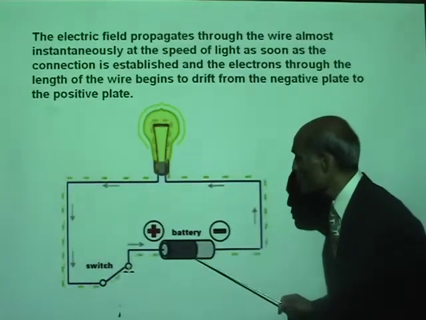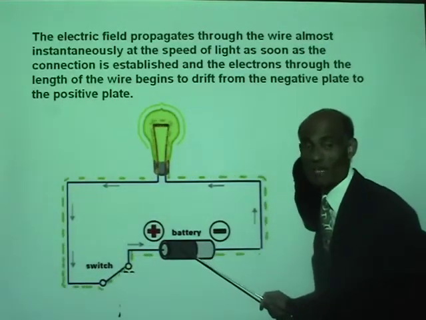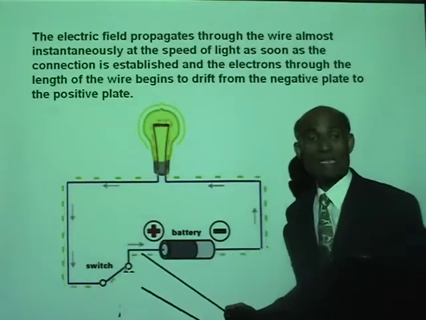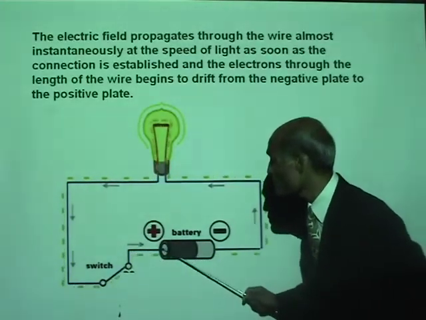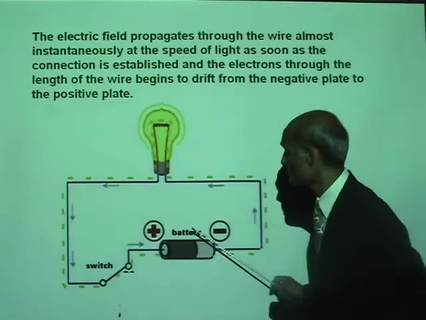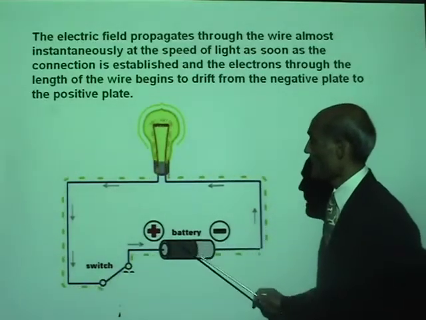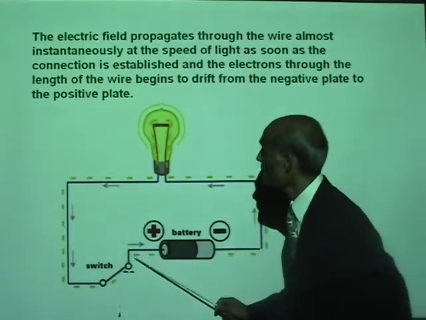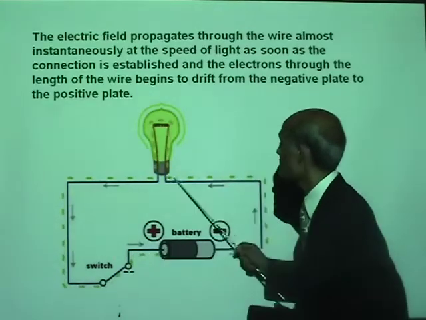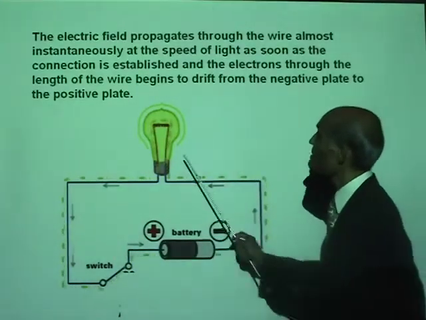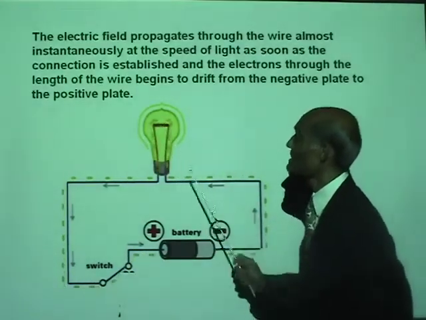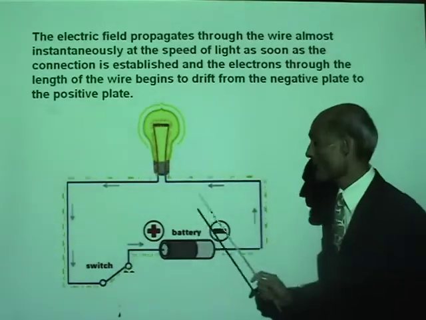The chemical action inside the battery builds and maintains a potential difference between the positive and the negative. And you can see when the connection is established between the positive and negative through this electric bulb, what happens?